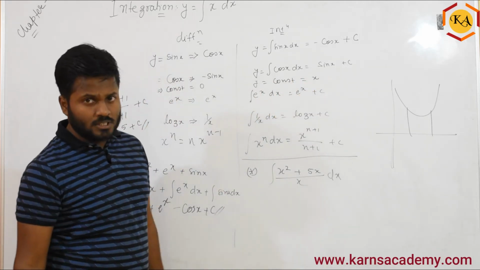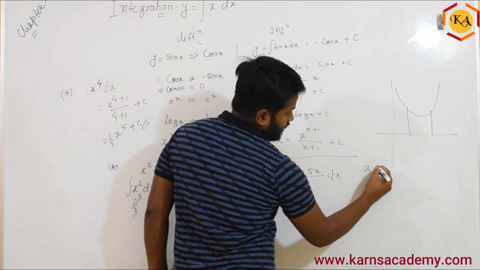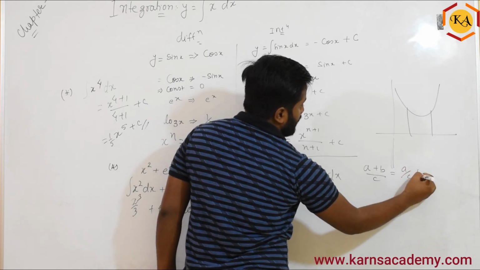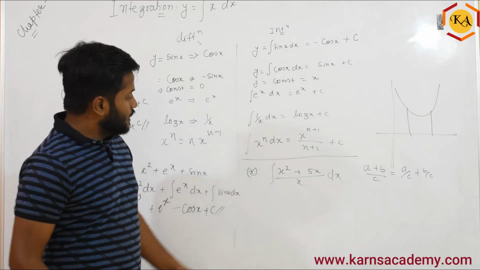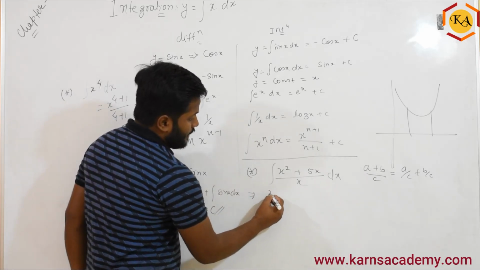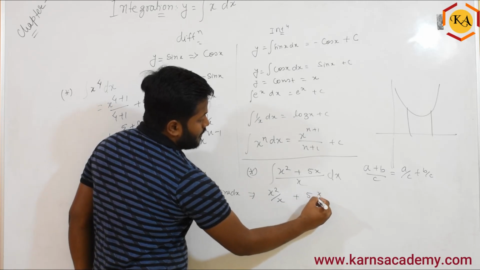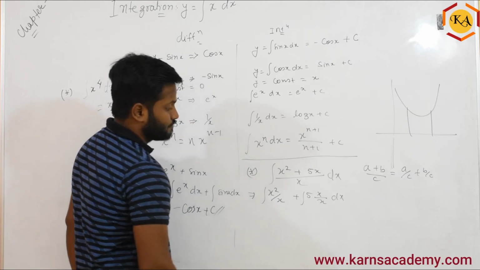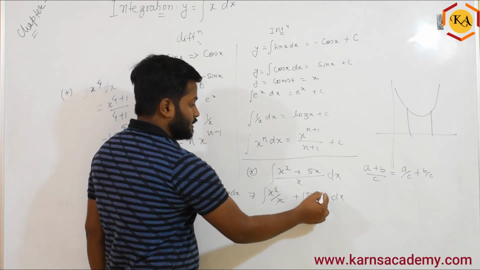So let's solve this. How do we solve this? You would have studied in your lower standard that a plus b by c can be written as a by c plus b by c. Similarly here, can I write x square by x plus 5x by x dx, all under integration? Now you can see I can cancel this.